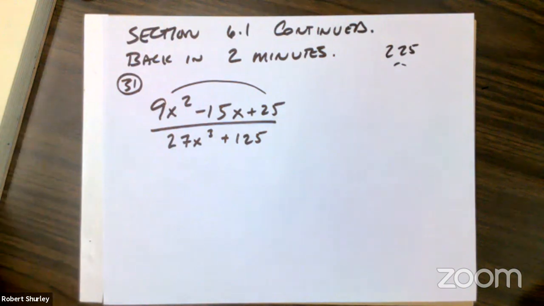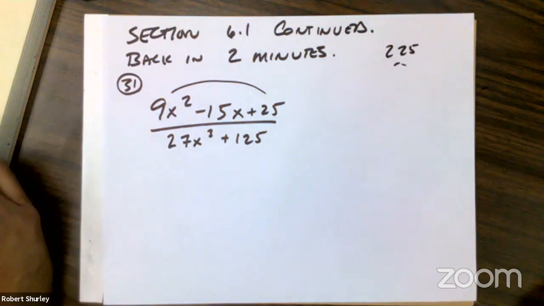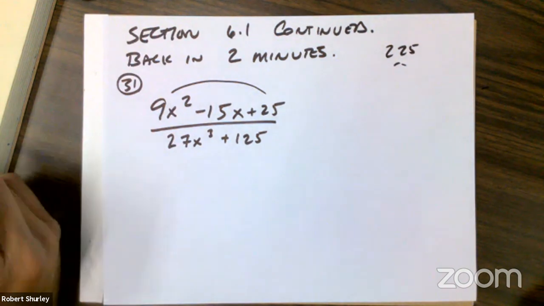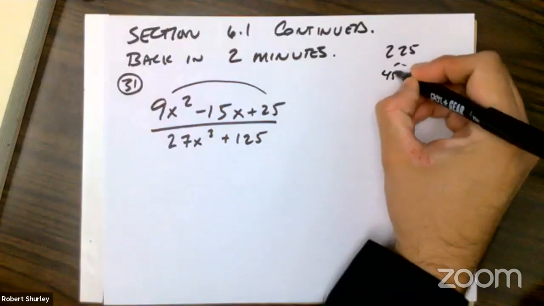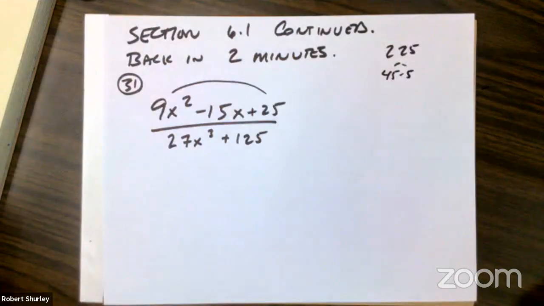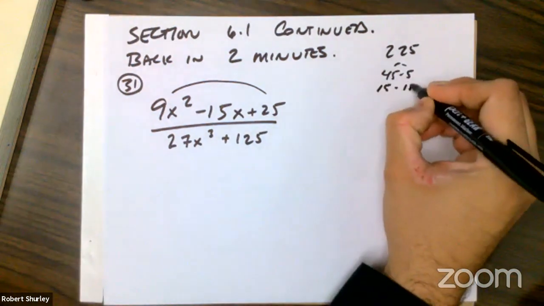Yeah, I think you're right. And I think I can manipulate this because I think I see the error that they made. But we'll see. Hold on. Yeah, 225. We know it's divisible by 5, that's 45. It's divisible by 25. We know that. It's also divisible by 15, that's 15 and 15.